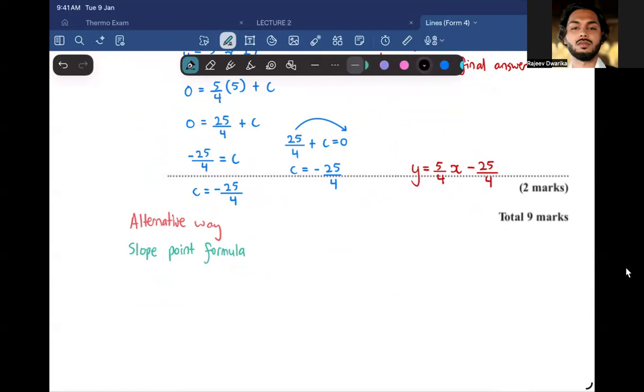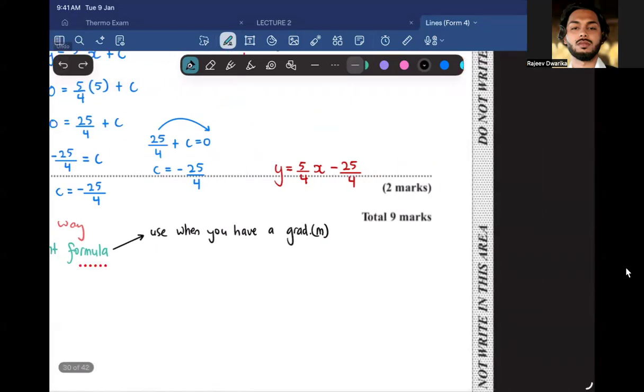You would use this once you have a gradient, m, and a point. Not just any point, the point has to be on the line.